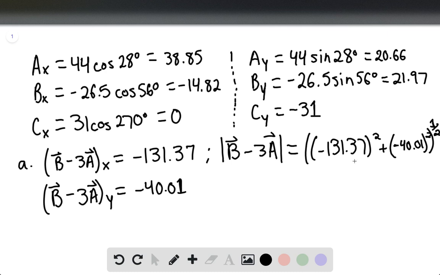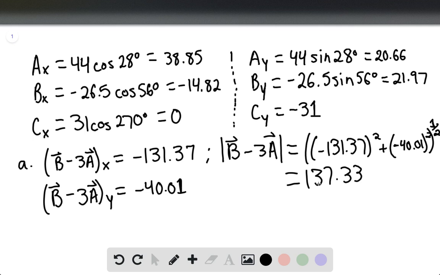So the square root of the sum of squares. So this would be equal to 137.33. So you simply square the x component, square the y component, take the sum, and then take the square root.